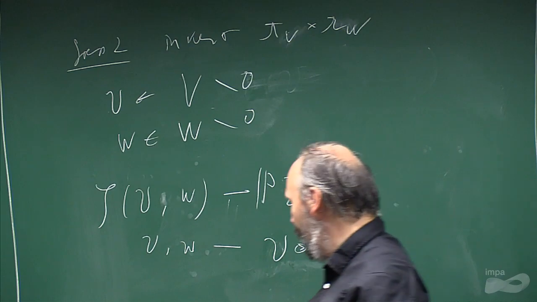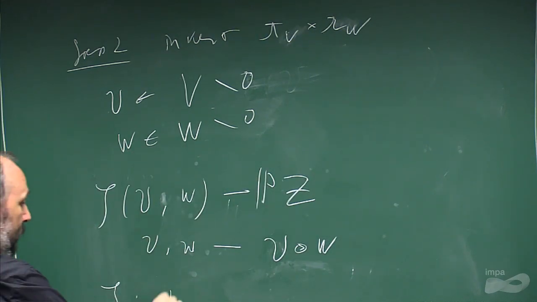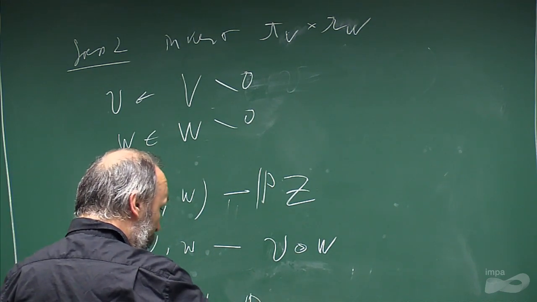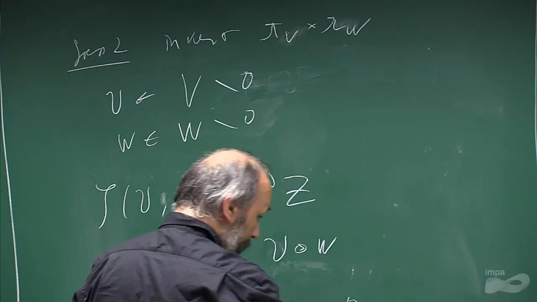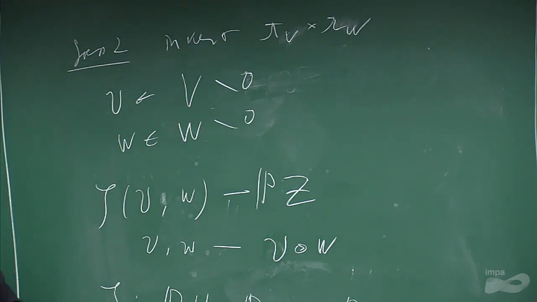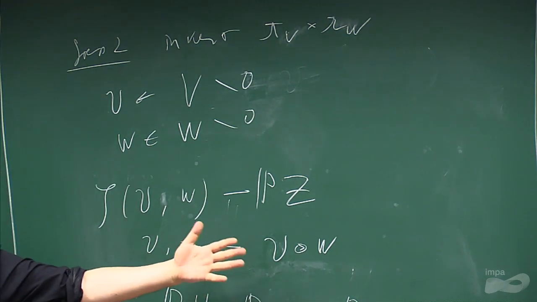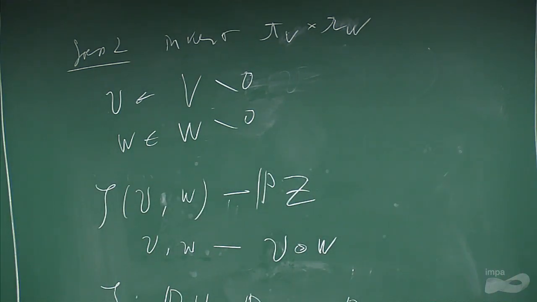So zeta is a well-defined map from projectivization of V times projectivization of W to projectivization of Z. It's given by polynomials, and it is inverse to what we already have by construction. So there's nothing to prove essentially. Do you have any questions, comments? Good.